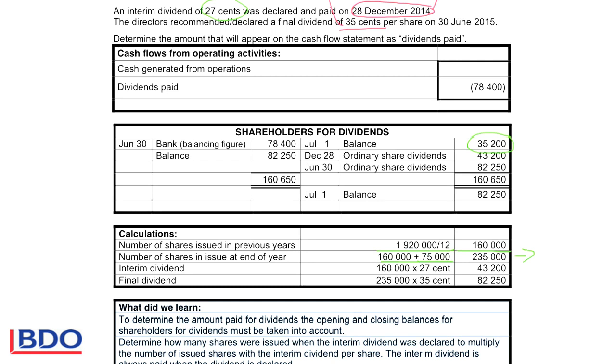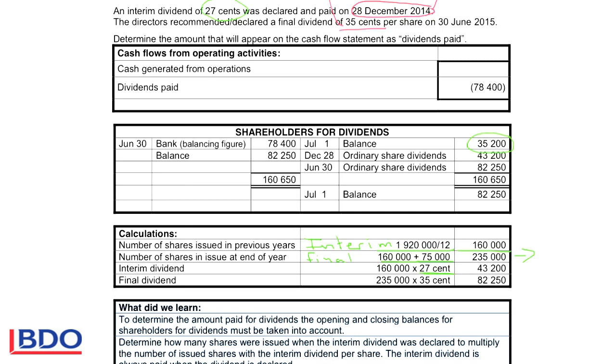So if we just pay attention to it, the number in previous years will be entitled to an interim dividend. The shares that were sold during the current year plus the shares in the previous years will be entitled to the final dividend. Okay, the interim dividend is 27 cents per share.